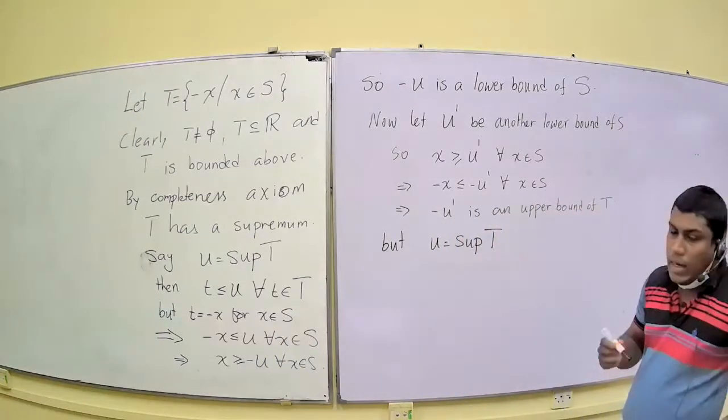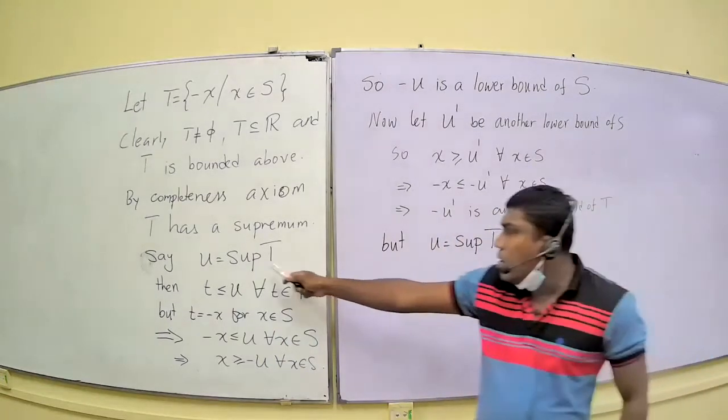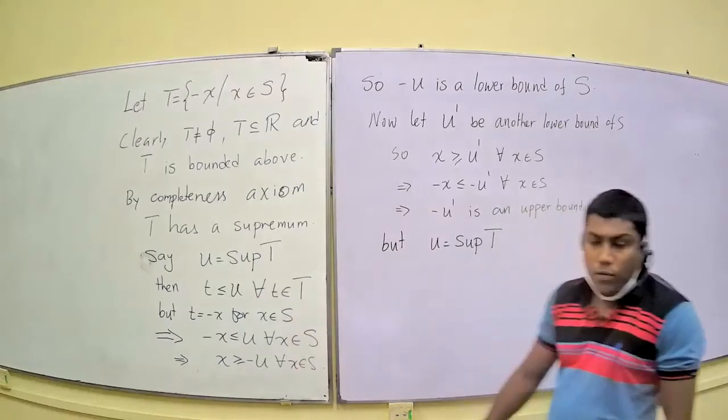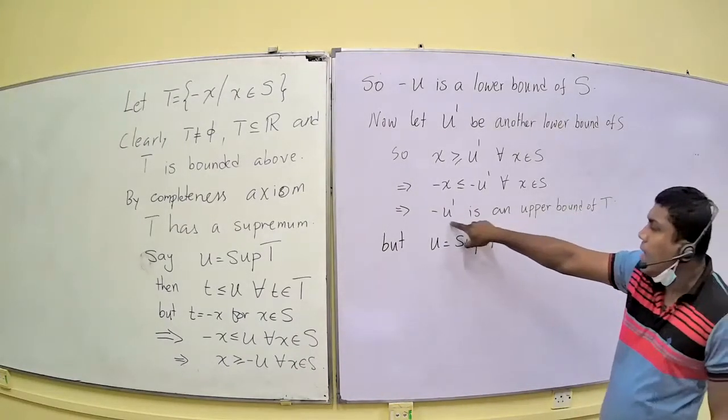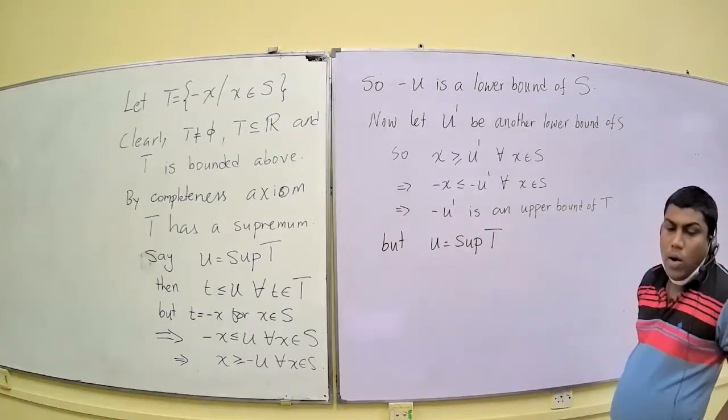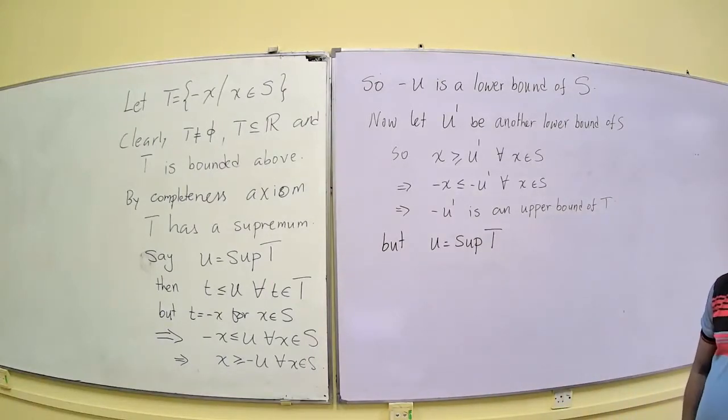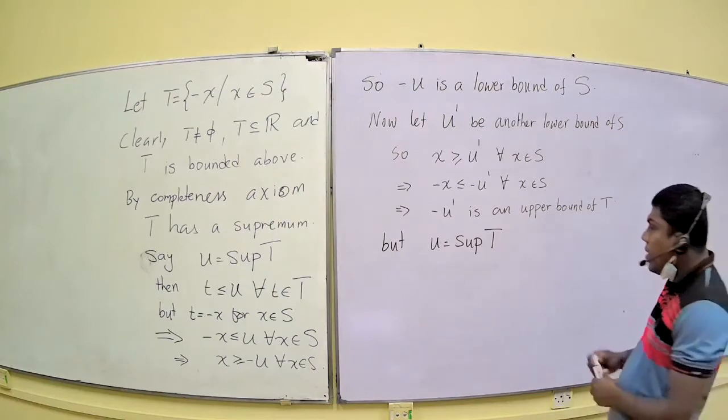But we already defined that U is the supremum of T, and minus U dash is another upper bound of T, right? So you all clearly know by the definition of supremum, it should be the least upper bound.